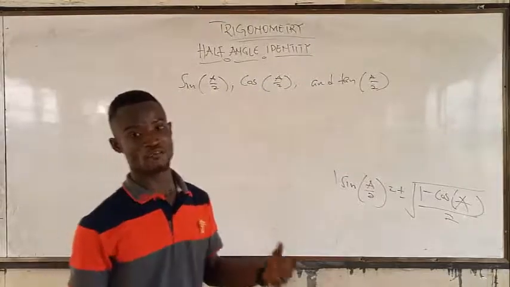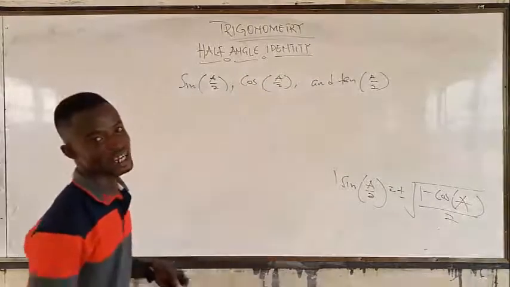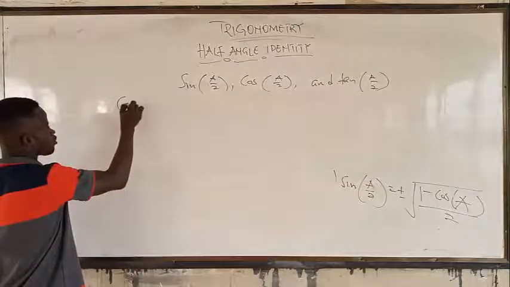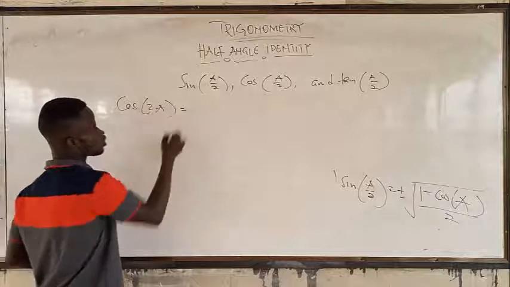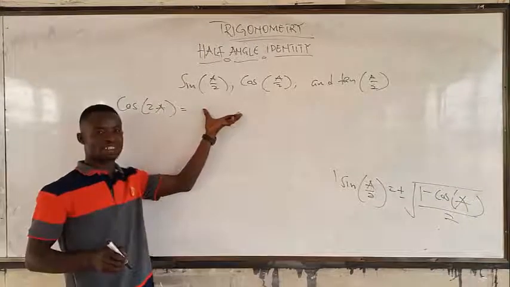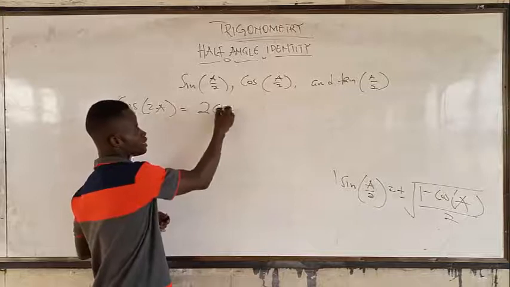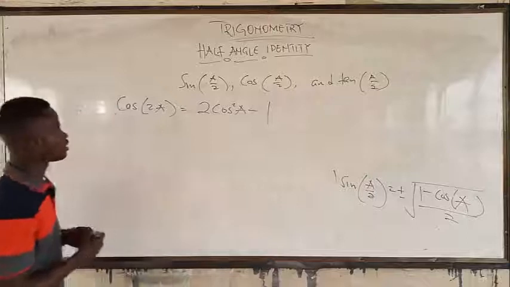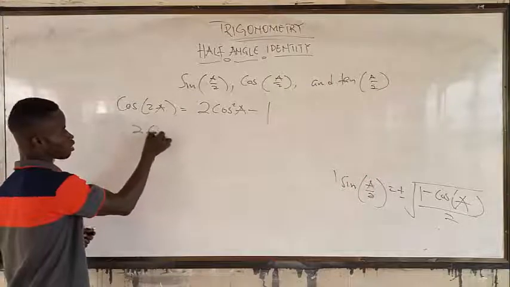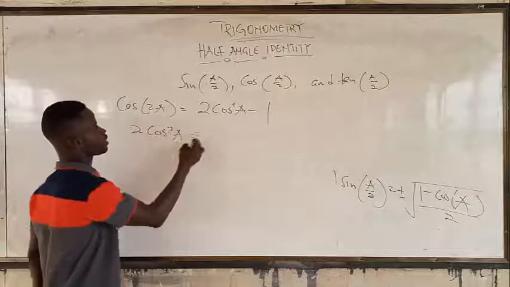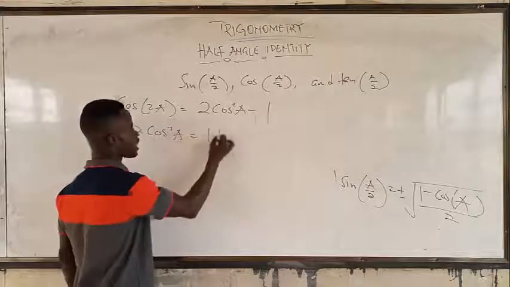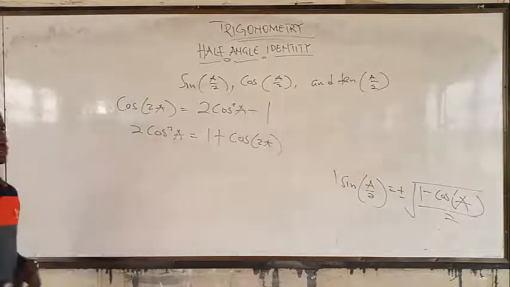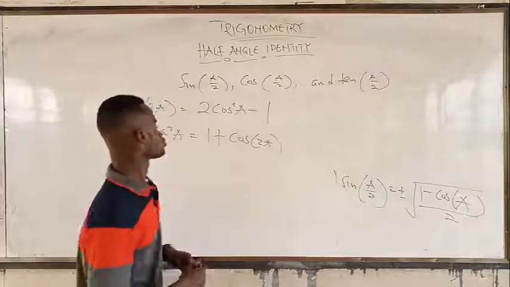So we are starting from the same double angle, but instead of the one in terms of sine, we give the one in terms of cos, because we are proving it for cos. Then we make cos square a the subject, and we are going to get 1 plus cos 2a.